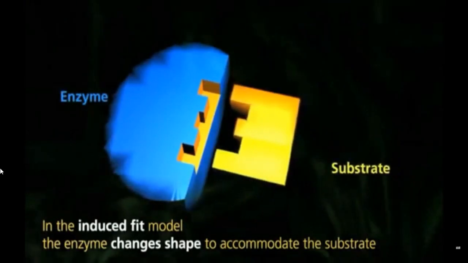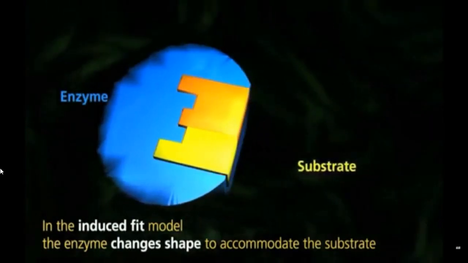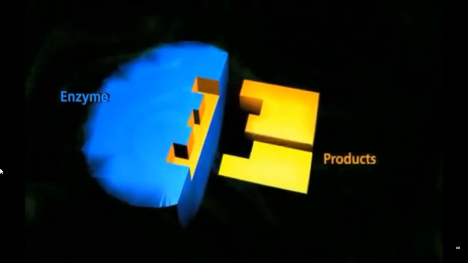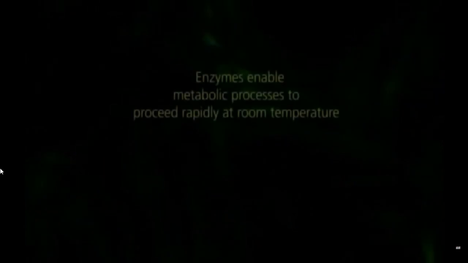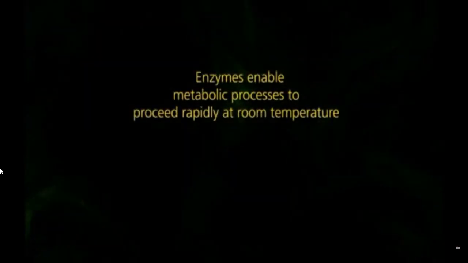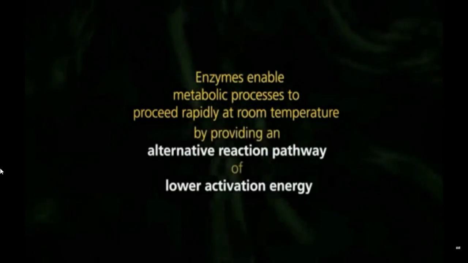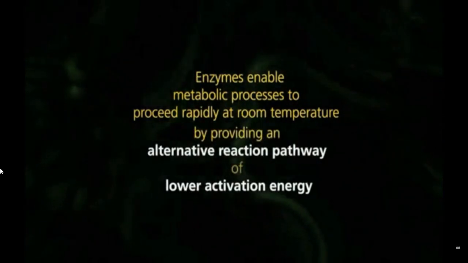In the induced fit model, the enzyme changes shape to accommodate the substrate. Enzymes enable metabolic processes to proceed rapidly at room temperature by providing an alternative reaction pathway of lower activation energy.